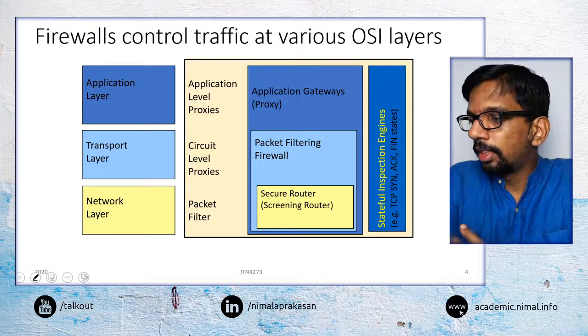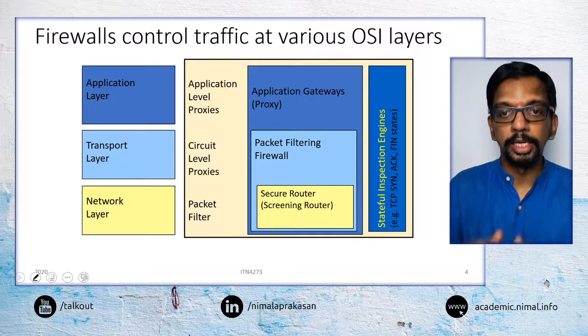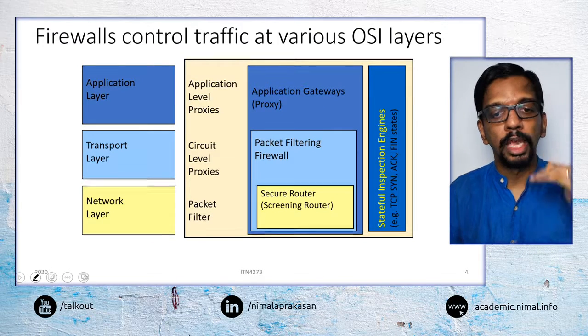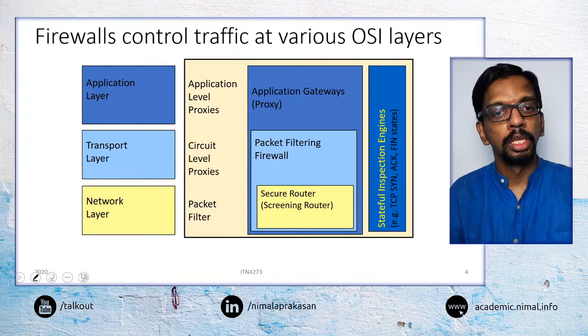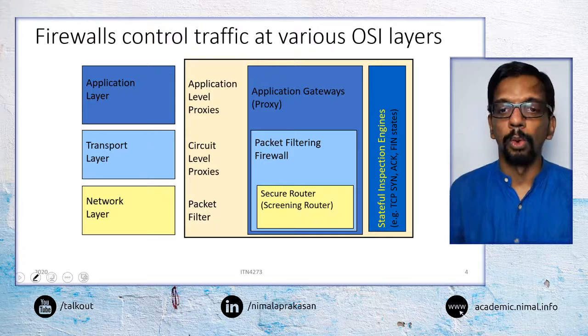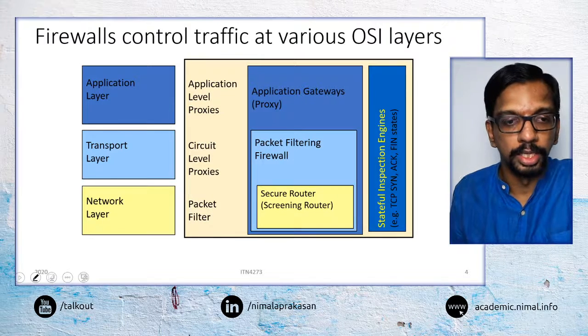Then, if we think about firewalls in the context of the typical OSI layer model, what we can say is that different firewalls, or different aspects of firewalls, can control traffic at different layers of the OSI architecture.